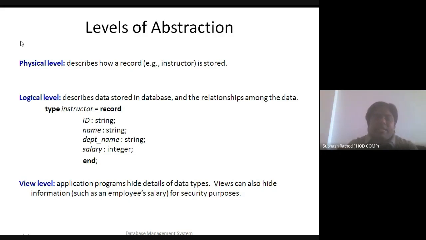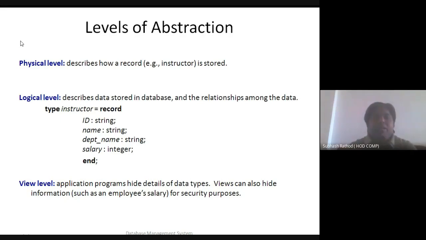Data resides at the physical level, and how the data is structured among themselves, how they are associated with one another. Take employee data. An employee has an ID, a name, a department name, and a salary. All this data is logical data and it is associated with that employee only.